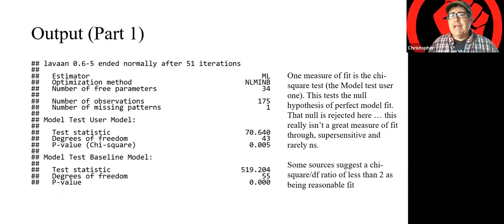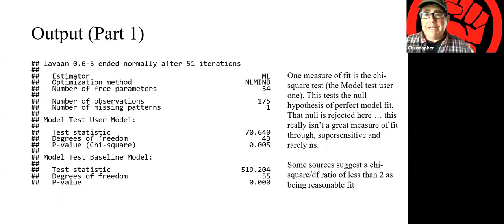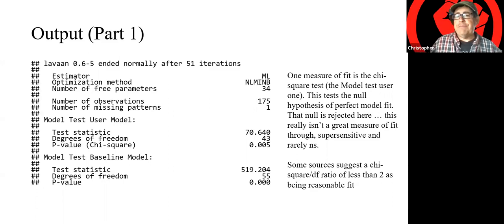So here we see, oh, well, we reject the null hypothesis, and it tells us the model doesn't actually fit to our data. I would caution interpreting this too strongly, though. In general, most models don't fit based on the chi-square test. Some people have suggested a chi-square to degrees of freedom ratio of less than 2 as being a reasonable fit, and we see we would meet that because 70.6 over 43 is something less than 2.